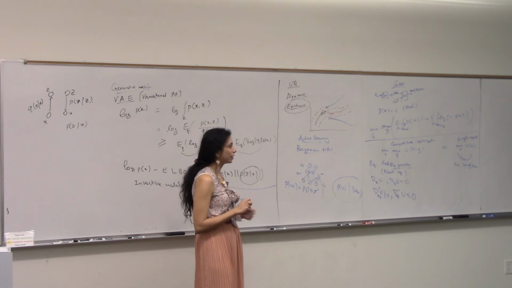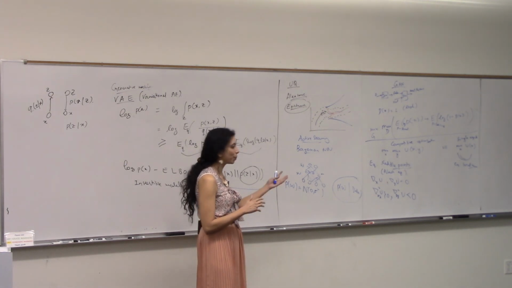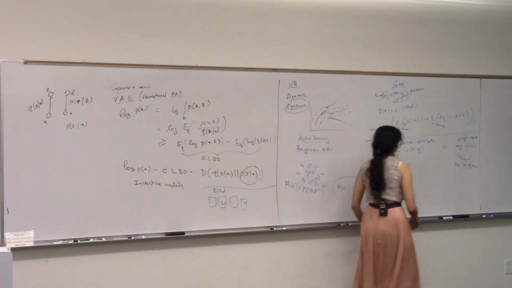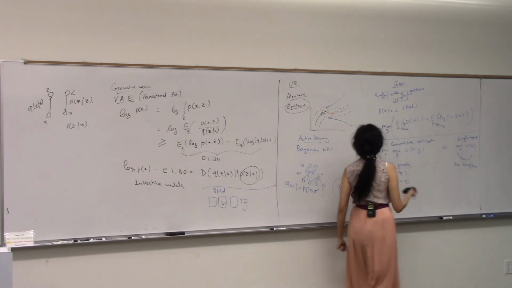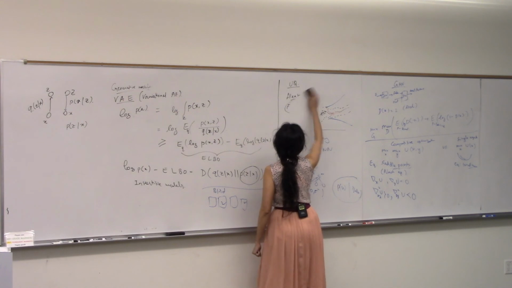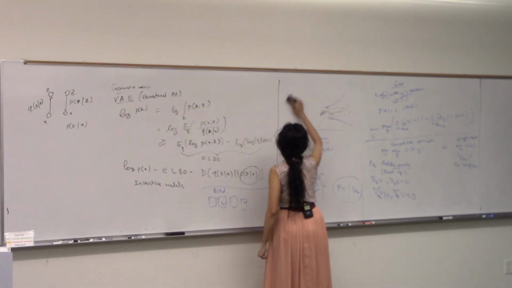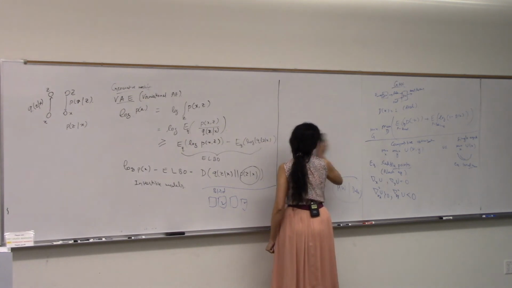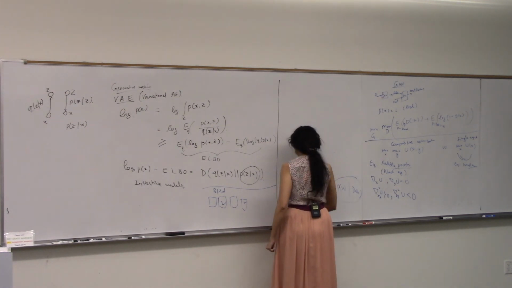So now the question is, how do I optimize this efficiently? It turns out that it's not as simple as in the single agent setting.